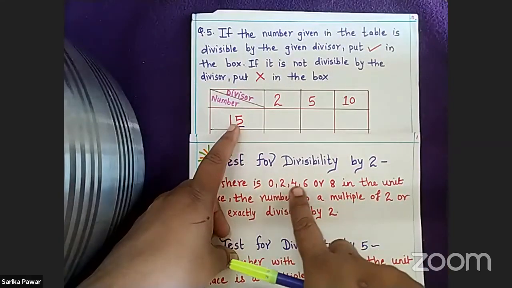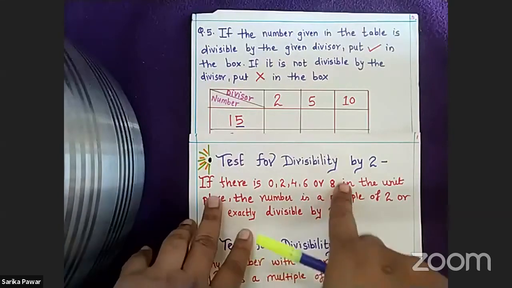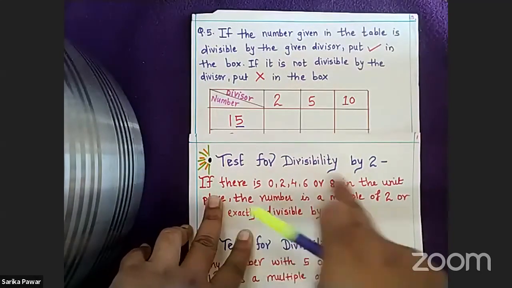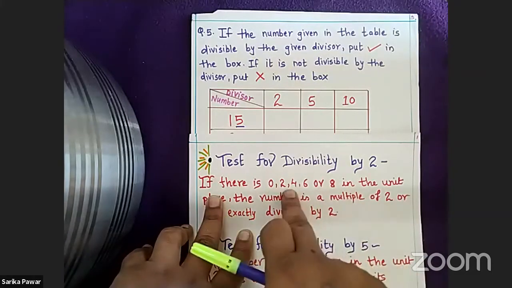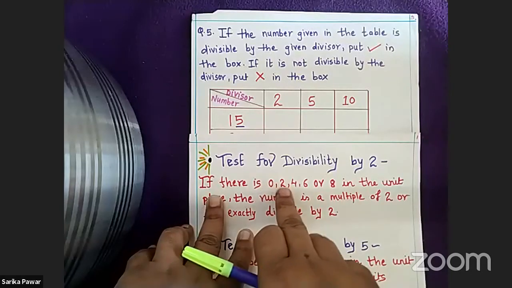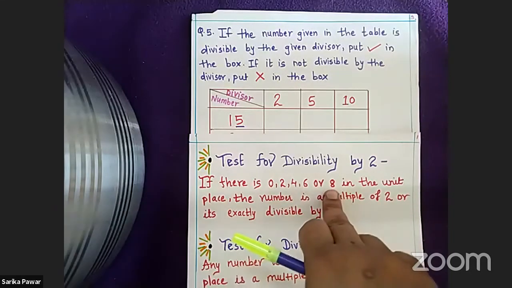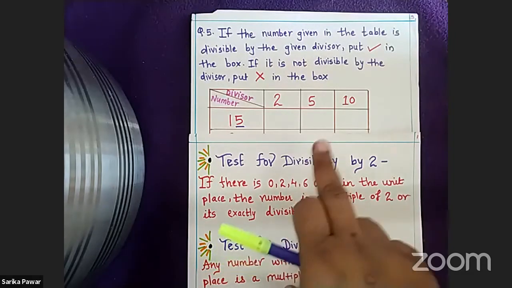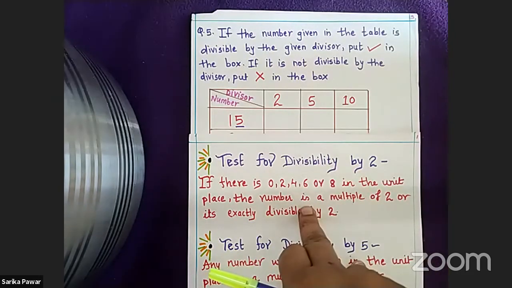For divisibility by 2 the unit place must be 0, 2, 4, 6 or 8. Are you able to see number 5 there? Just check 0, 2, 4, 6 and 8.